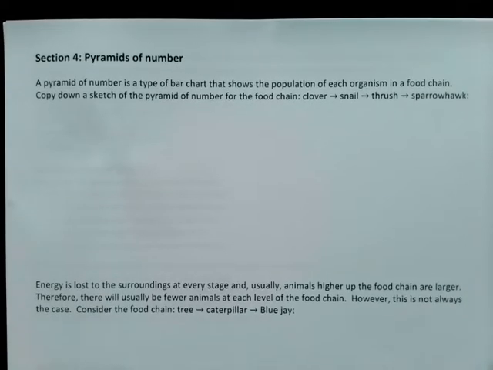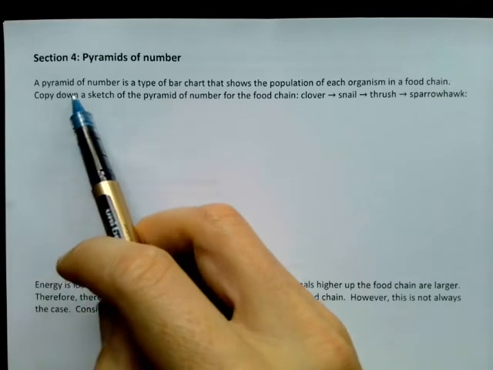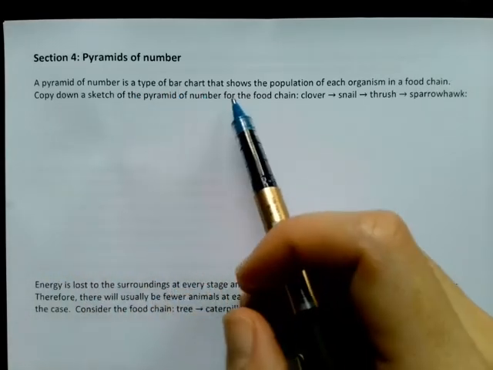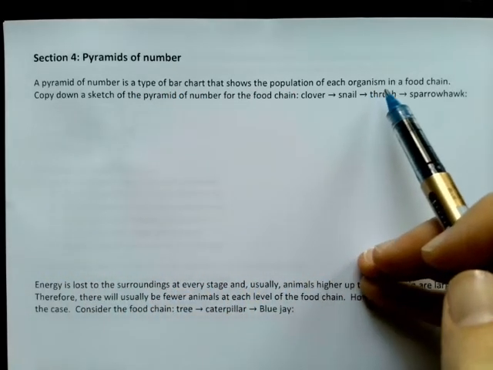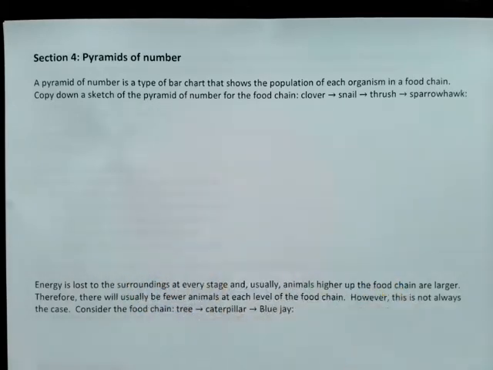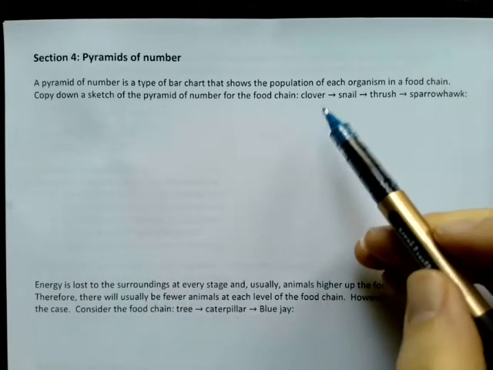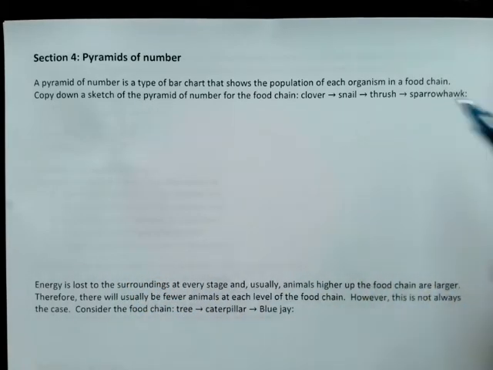So, let's begin. A pyramid of number is a type of bar chart that shows the population of each organism in a food chain. Copy down a sketch of the pyramid of number for the food chain: clover, snail, thrush, sparrowhawk.